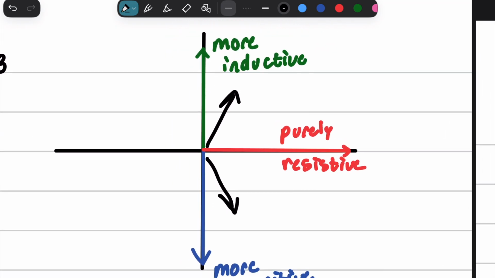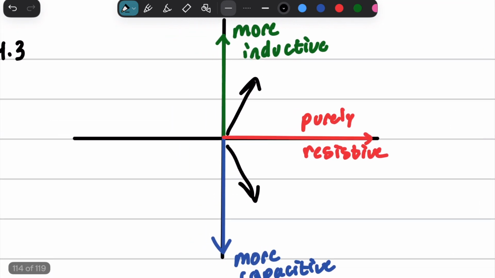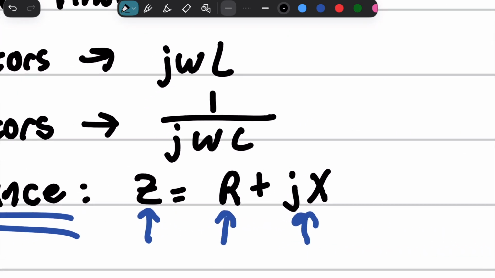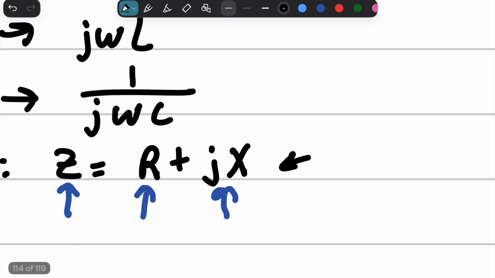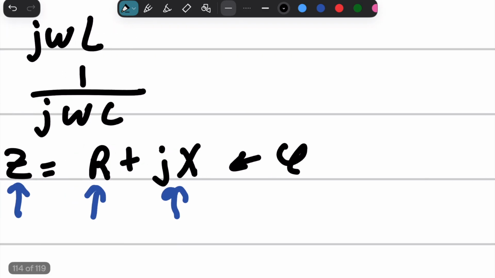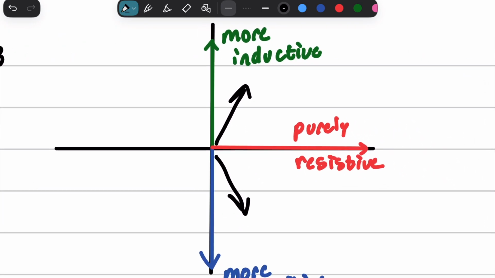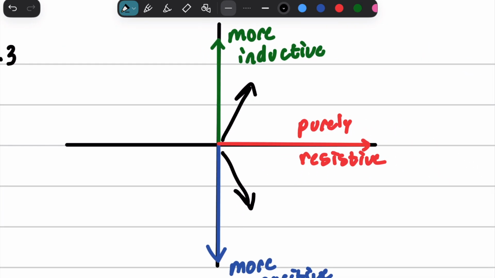And we have this informative graph, which might not make too much sense right now, but essentially this shows the phase, right? Because we have a complex number. We know that we can write a complex number in polar form from the previous math videos. And in the polar form, this has phase, right? It's encoded, right? And so we can determine whether or not a circuit is more inductive or more capacitive based on this nice little graph.